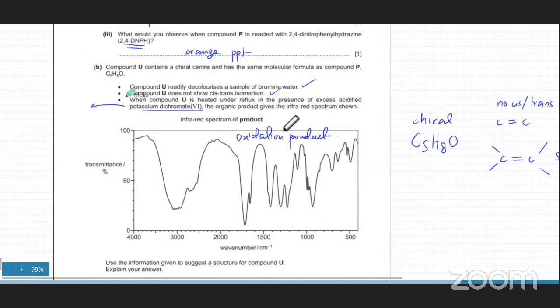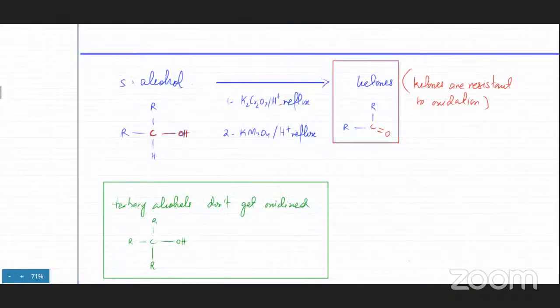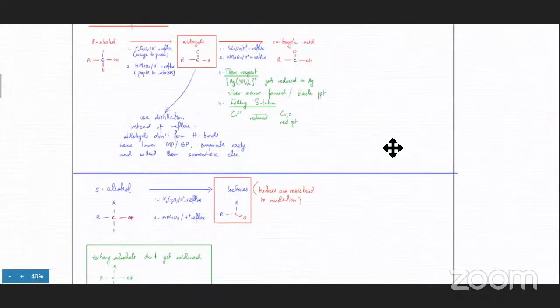a lot of things. You can oxidize a primary alcohol, a secondary alcohol, or an aldehyde. Plenty of things can be oxidized with dichromate(VI).